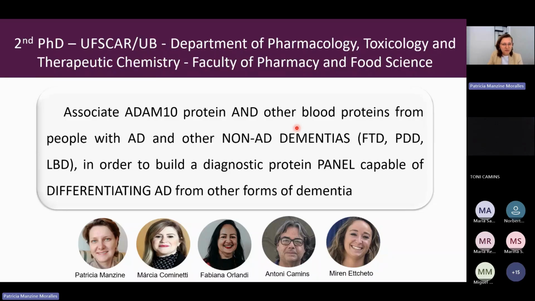The main objective is to associate the protein ADAM10, but also other proteins, in people with Alzheimer's disease and also other types of dementias, so frontotemporal, Parkinson's, and Lewy-body dementia, in order to build a diagnostic protein panel that could be capable of differentiating Alzheimer's disease from other forms of dementia.